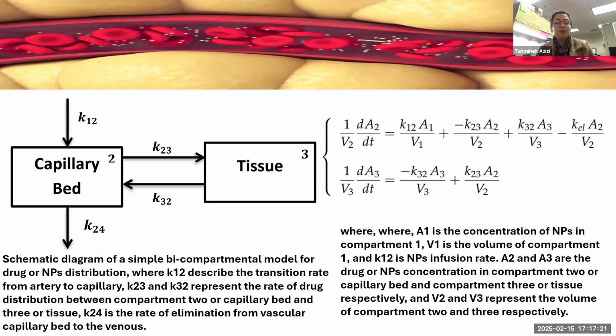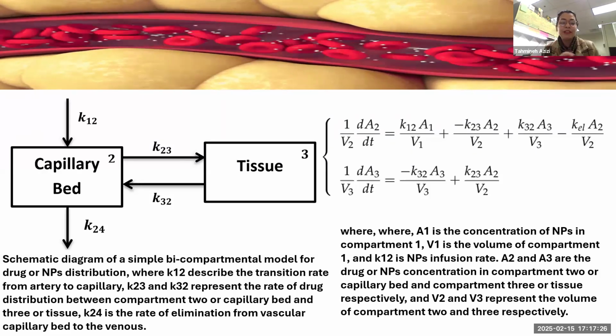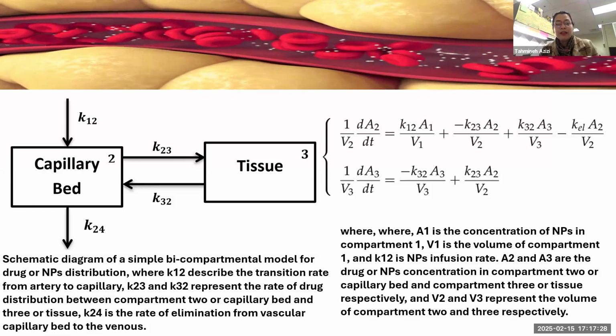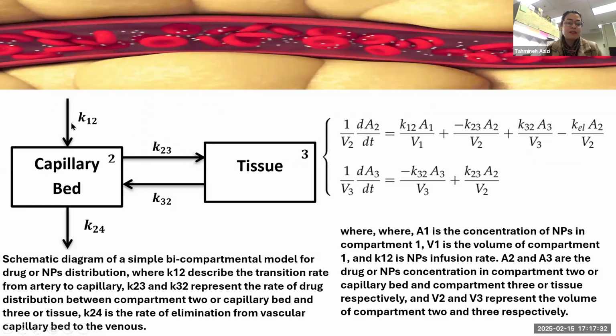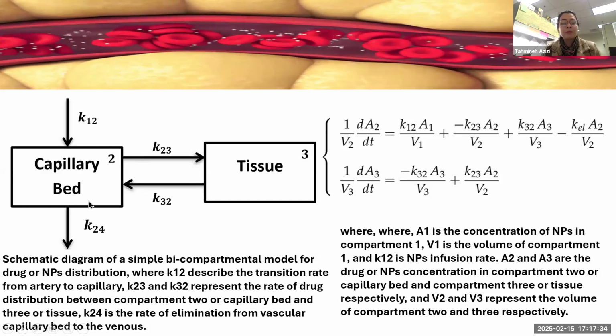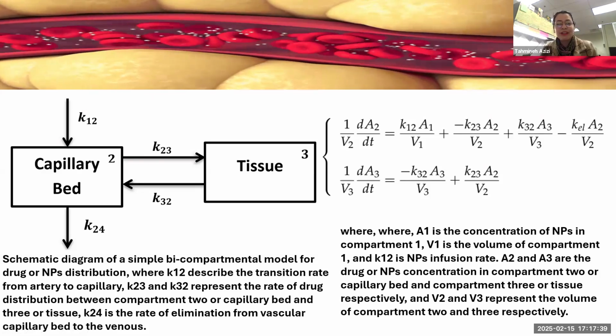Maybe, for example, we are interested to see at which rate the drug is going to be infused into the capillary. And we have this rate. We have added another rate to this compartmental model, simply writing the mass balance equation.